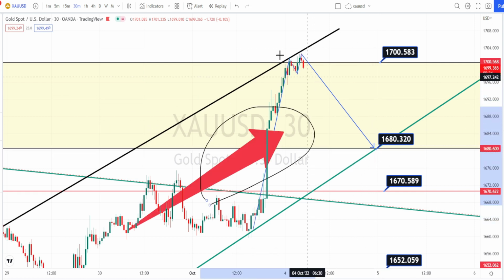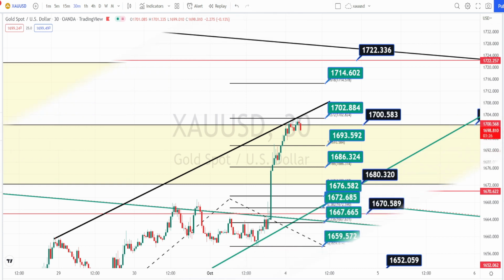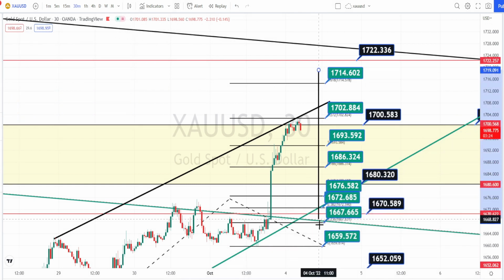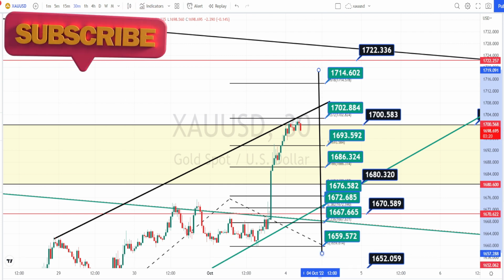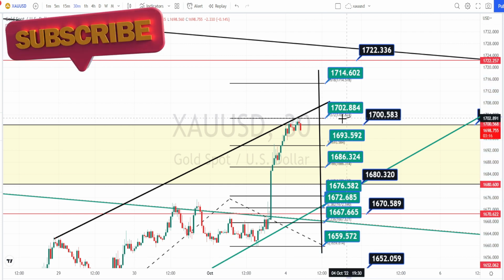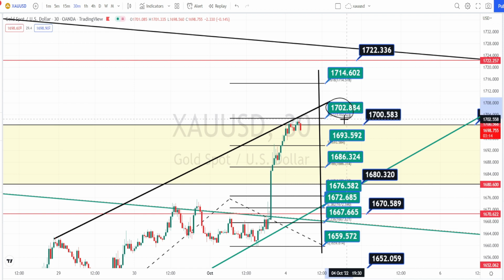Let us mark the support and resistance levels. So the values within these green color boxes are the resistance and support levels for current price action in 30 minutes time frame. Currently we are noticing the price action to get rejected from the resistance level of 1702, and if the bearish trend continues, next level of support is going to be around 1693, 1686, 1676, 1672, 1667, 1659.